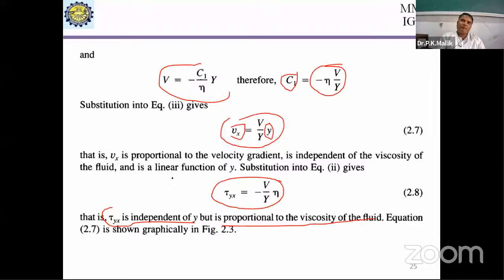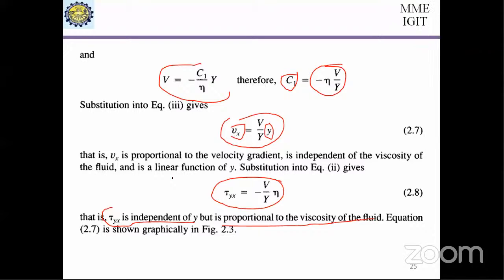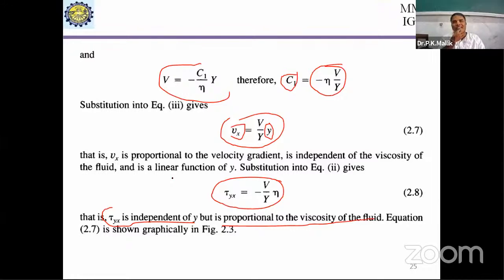Sir, first tell me whether viscosity depends only upon temperature or also on other factors. What is the main criterion? In metallurgical consideration, we also consider temperature or composition.